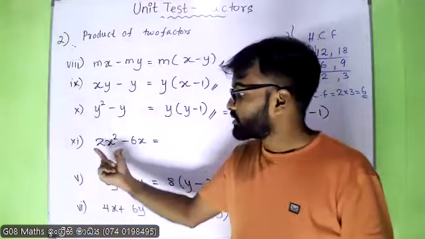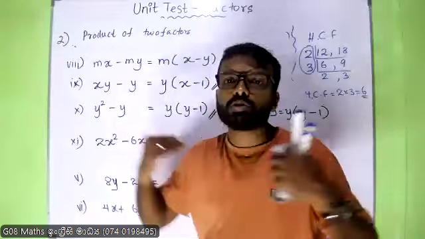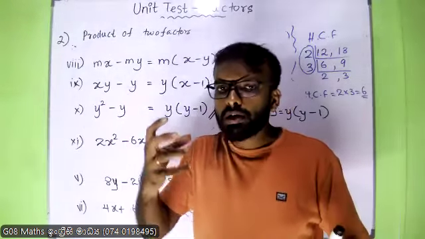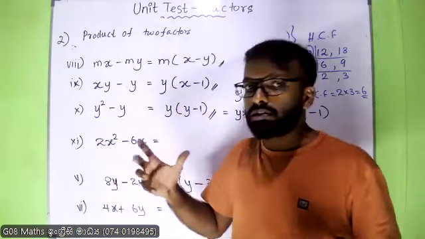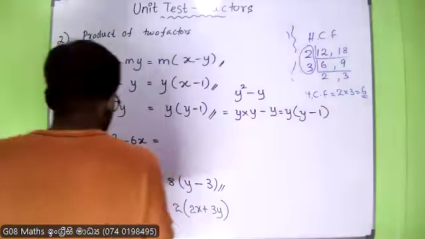Now this is in index notation. I am going to expand it in order to identify the common factor for both terms. This is the way if you cannot identify directly.